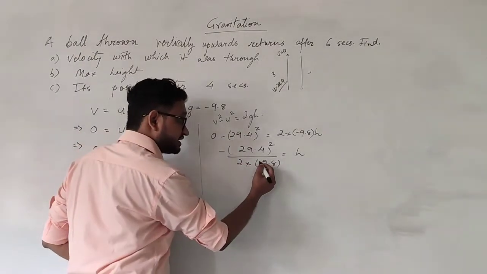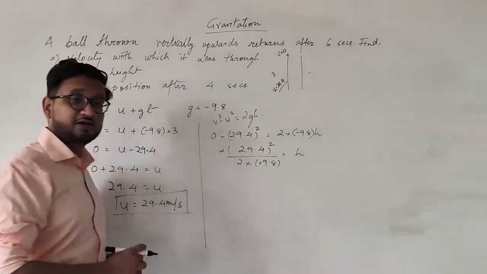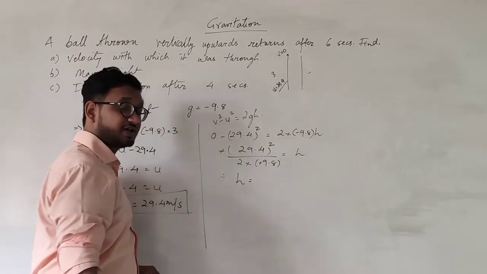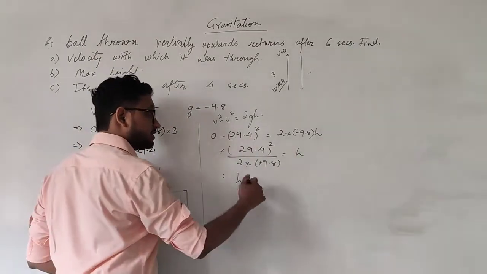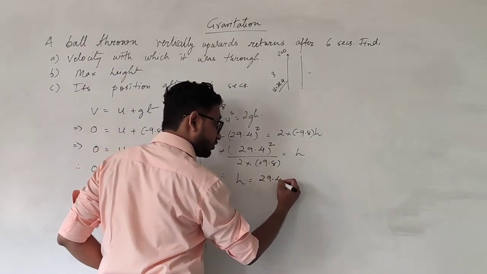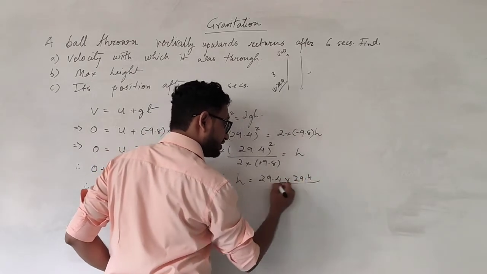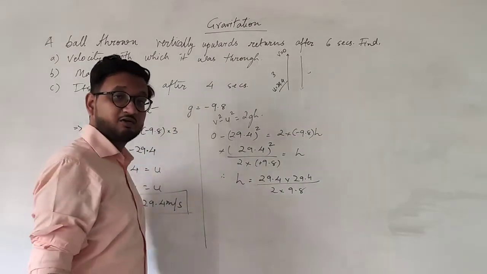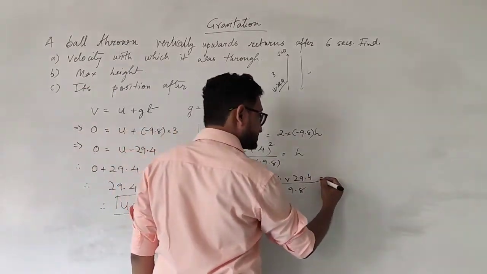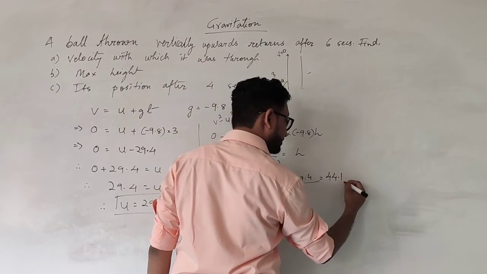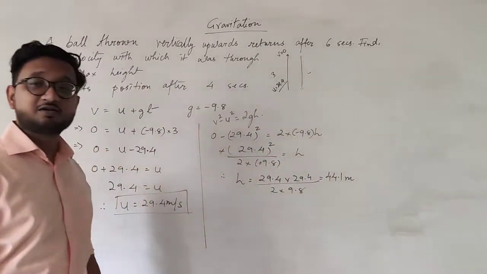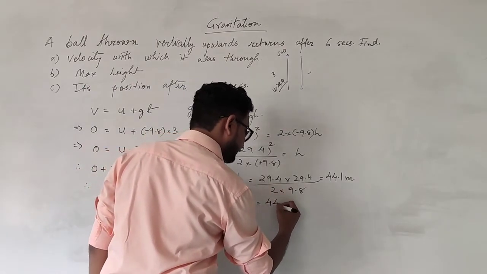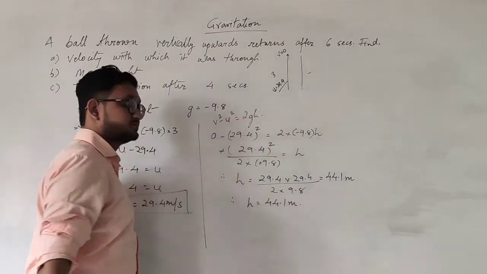And because there is a negative sign over here as well, both negative signs cancel. So the final answer is positive because our height cannot be negative, height can always be positive. So 29.4 into 29.4 upon 2 into 9.8. When you solve this, students, you will get the answer as 44.1 meters. So this is the height that the ball will achieve. The final answer is h is equal to 44.1 meters.